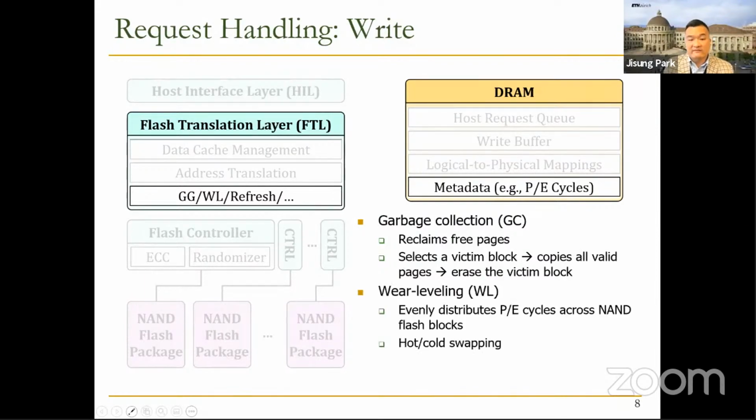Also, sometimes the FTL needs to perform wear leveling if it detects certain blocks that are experiencing a high number of P/E cycles compared to the other blocks. And this is essential to enhancing SSD lifetime, as we discussed at the last meeting. One representative way of wear leveling is hot-cold swapping, which moves infrequently accessed data, in other words, cold data, into a block that has experienced high P/E cycles.